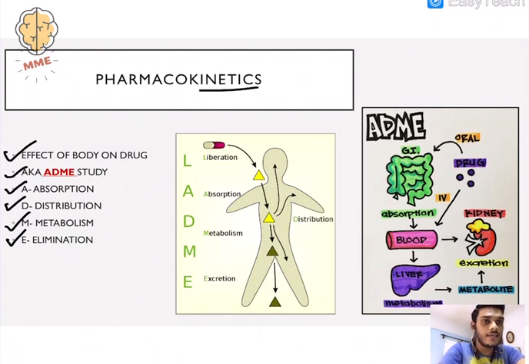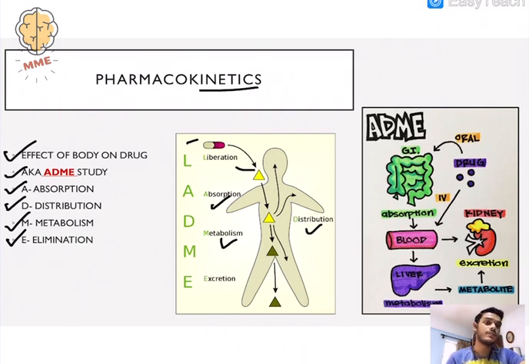So here we see once this drug is administered, it liberates its active chemical components. Then this component is being absorbed in our body, as we can see. Then it is getting metabolized. Once it is metabolized, all the active components of the drug are distributed to the various parts of the body, and of course to its site of action.